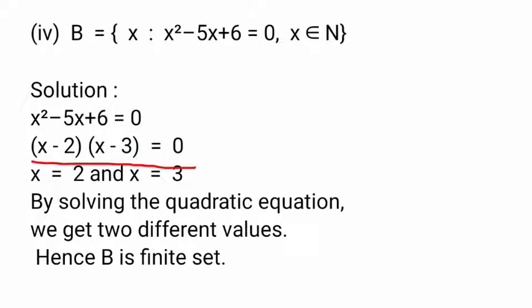We get (x minus 2)(x minus 3) equals 0. We get x equals 2 and x equals 3. Now substituting x equal to 2 and 3, the equation is 0. Therefore, 2 and 3 are the roots of the quadratic equation, so that is a finite set.